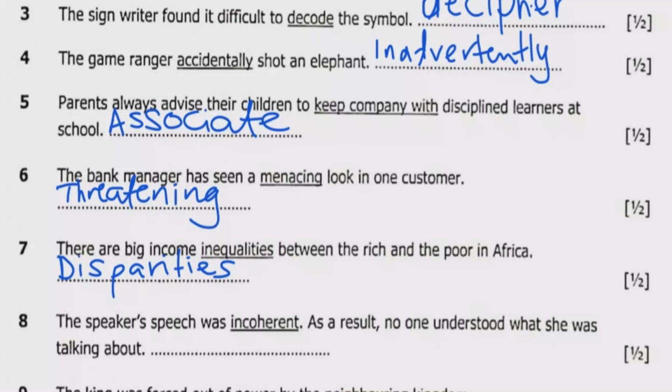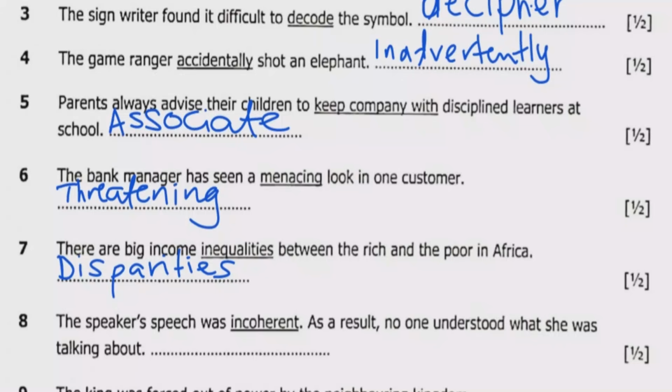Did I explain threatening and associate? I'm not sure, so let me just go through very fast. To associate means to spend time with or be in contact with others, especially in friendship or companionship.